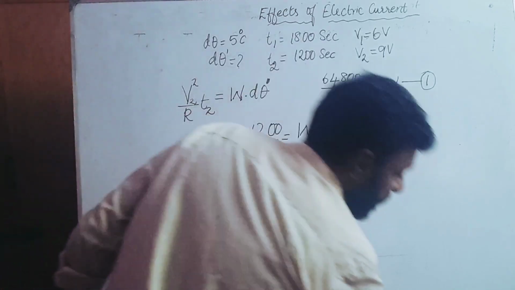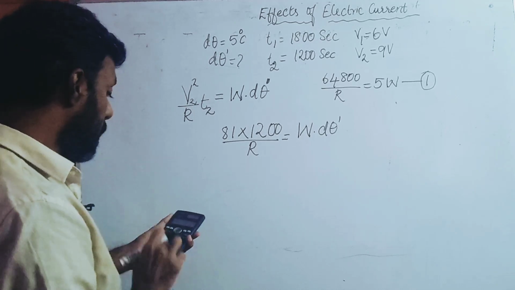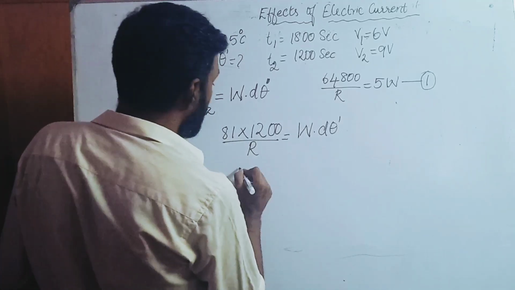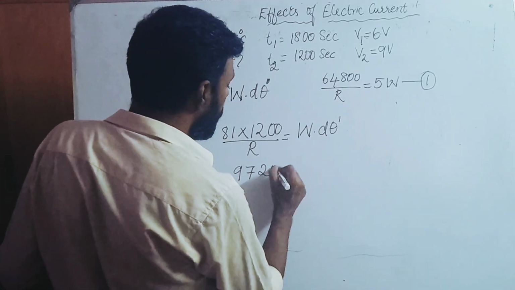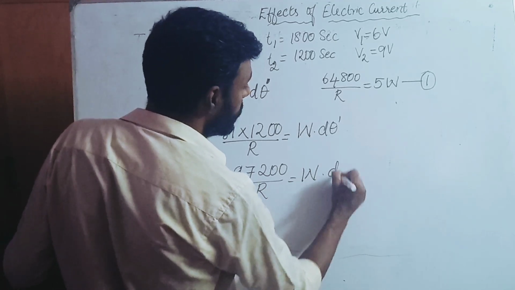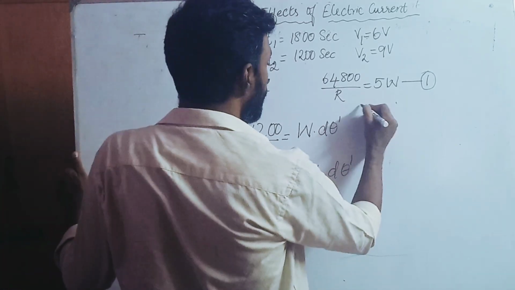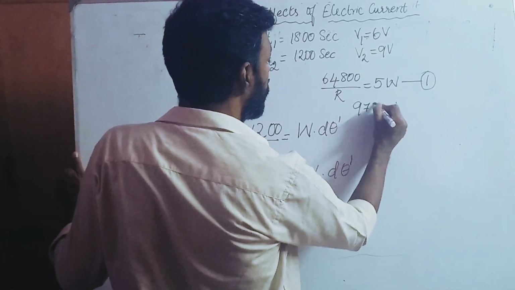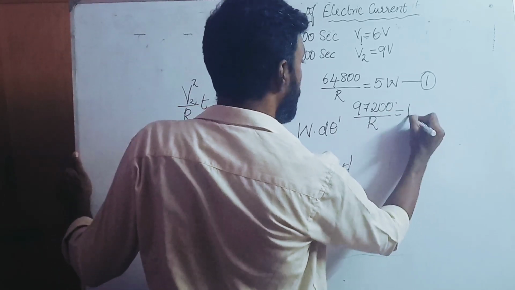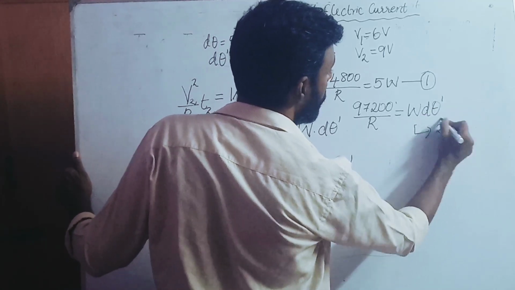So 1200 into 81 equals 97,200. So 97,200 divided by R equals W into d theta dash. This is my second equation, equation number 2.